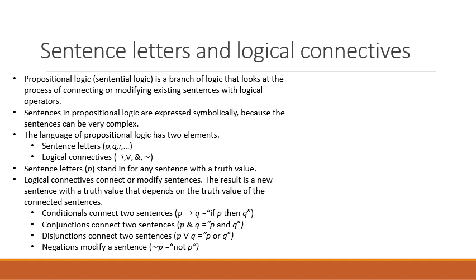They take a P or Q or whatever and put them together. So with conditionals, you get P arrow Q, which in English is if-then, so if P then Q. Conjunctions are and sentences, so you take 2 sentences together and you make P and Q. Disjunctions are or sentences, P or Q.